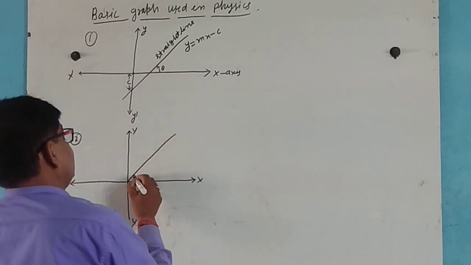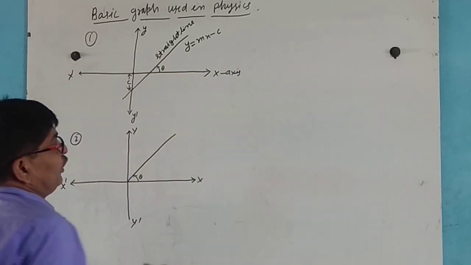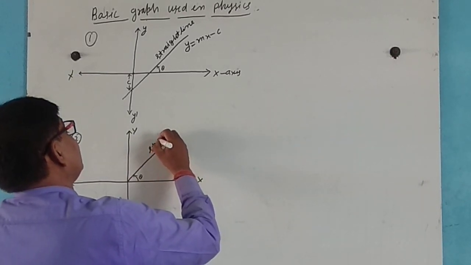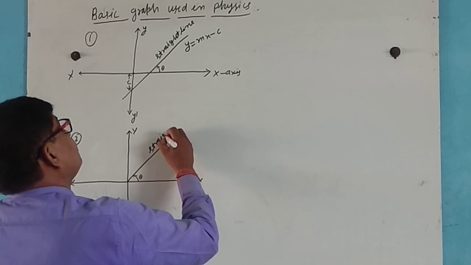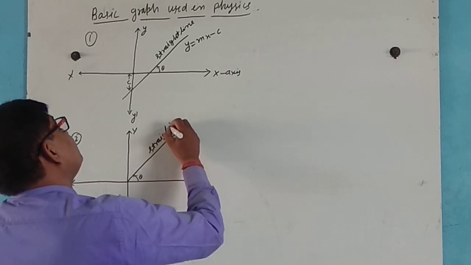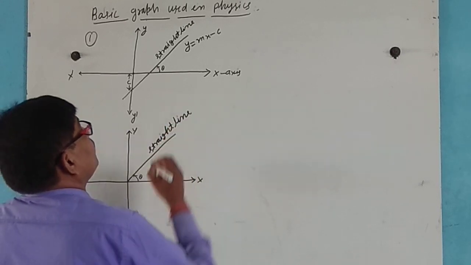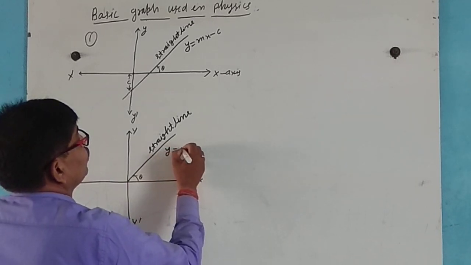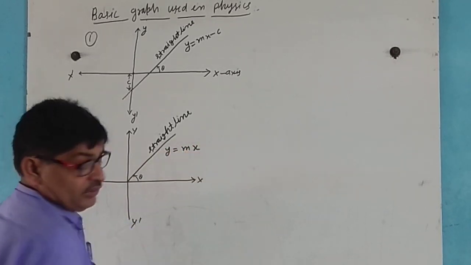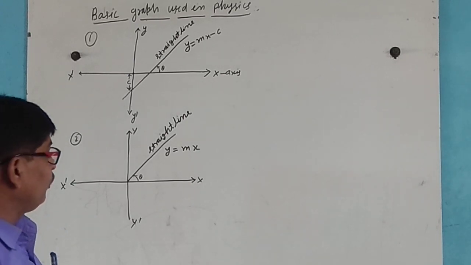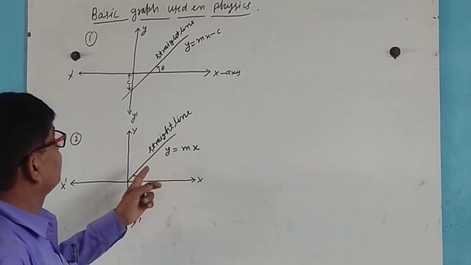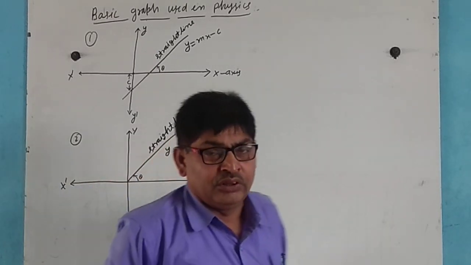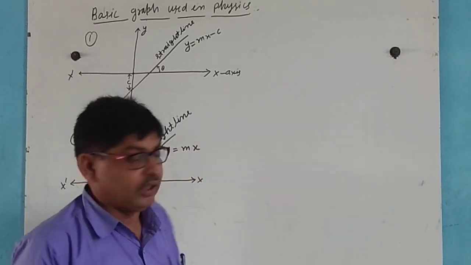This is the theta angle, and it passes through the origin. This is also a straight line, and its equation is y is equal to mx, where m is equal to tan theta.